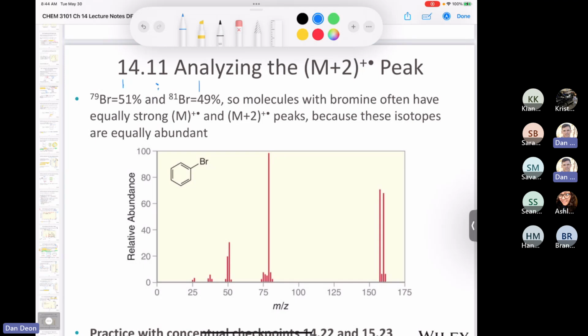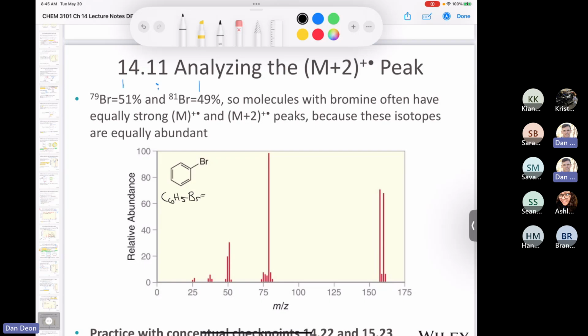If we calculate the mass of this compound, C6H5Br, bromobenzene, I'll give you a second to see if you can calculate it. Anybody get the mass of this compound?